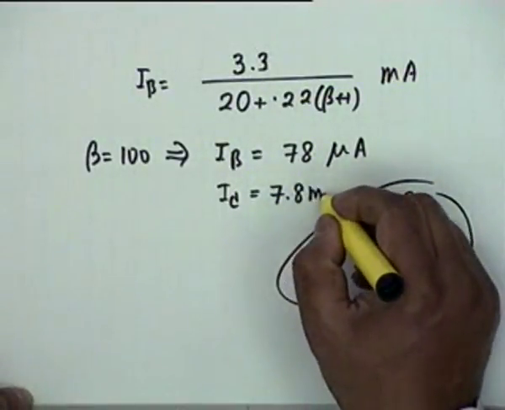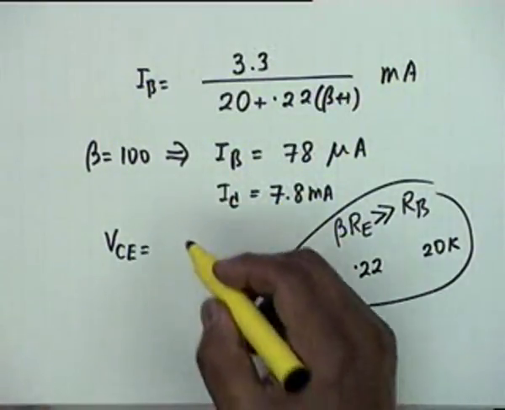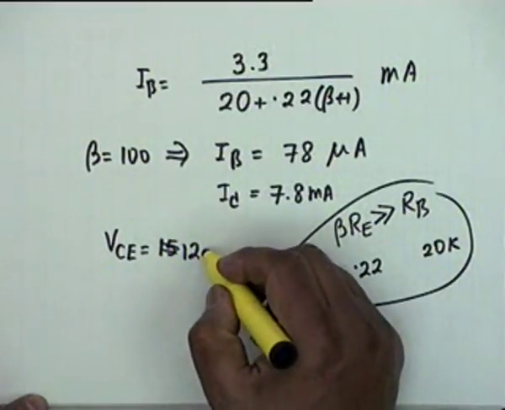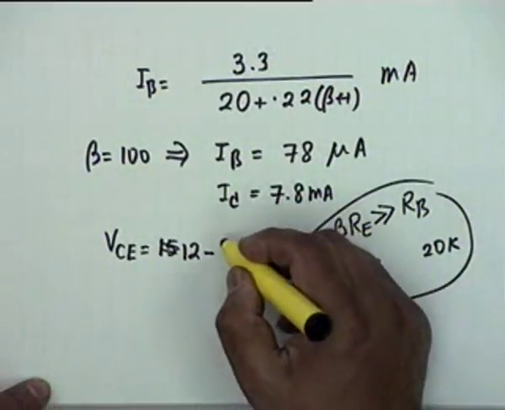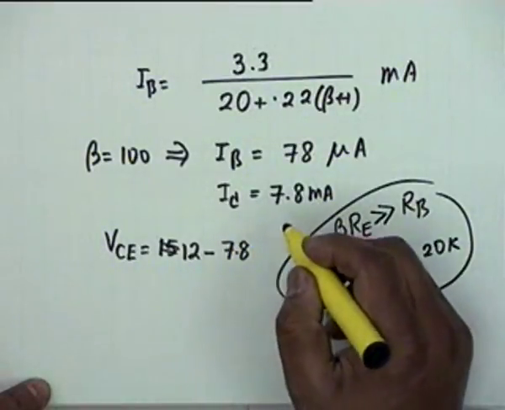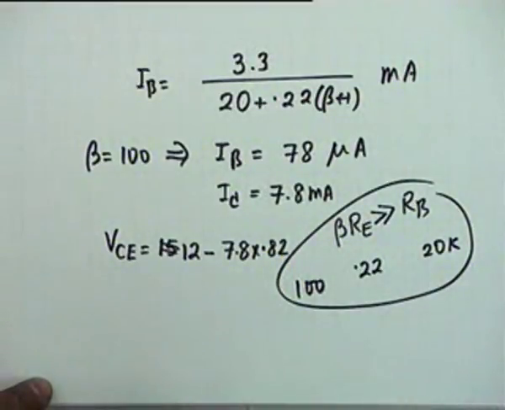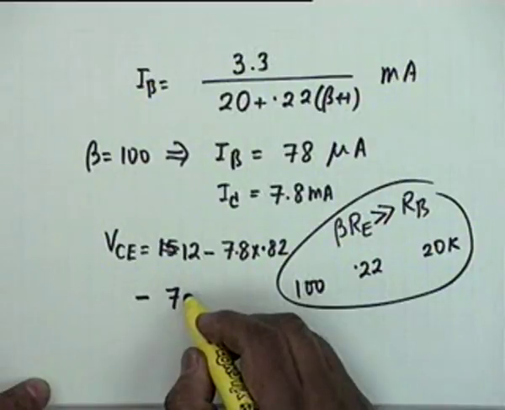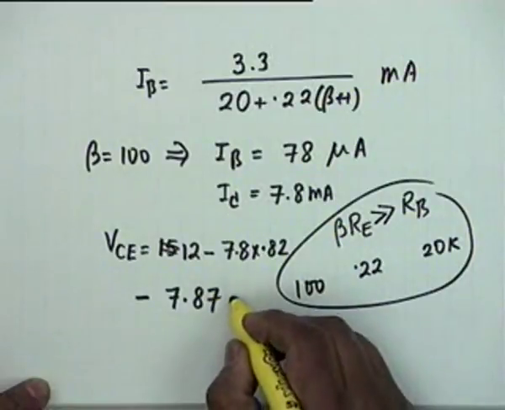7.8 milliampere, and VCE would be 12 minus I sub C R sub C, which is 7.8 milliamperes multiplied by 0.82, minus 7.8, 7.878.